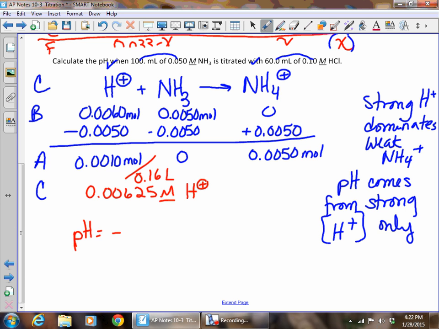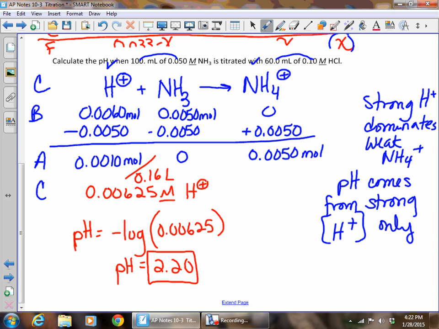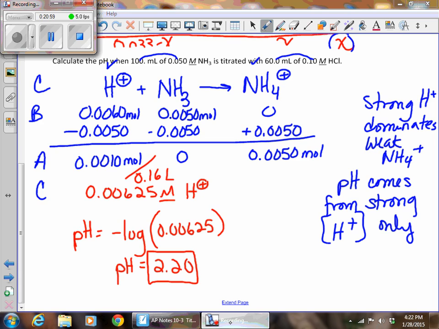The pH is the negative log of that value, which gives us a final pH of this system of 2.20. And that concludes our discussion of titration for all three types of these systems.